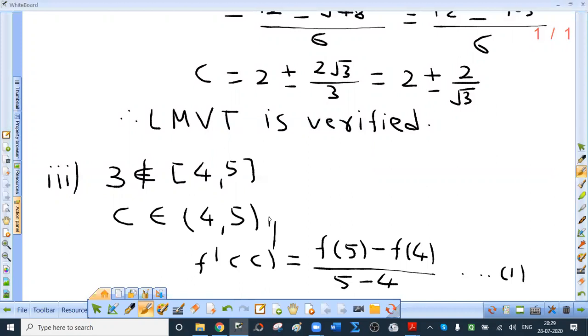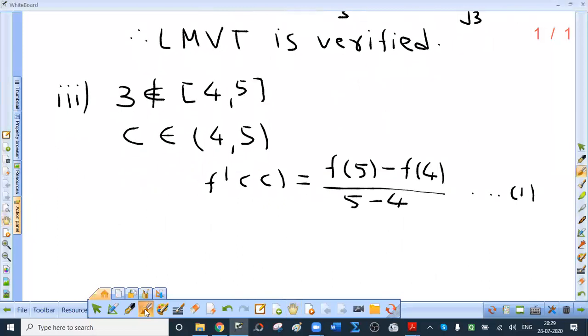Now find out derivative. Now I can use shortcut method to find the derivative. See how I'm finding the derivative. What is f of x? It is x minus 1 upon x minus 3. Let me explain.